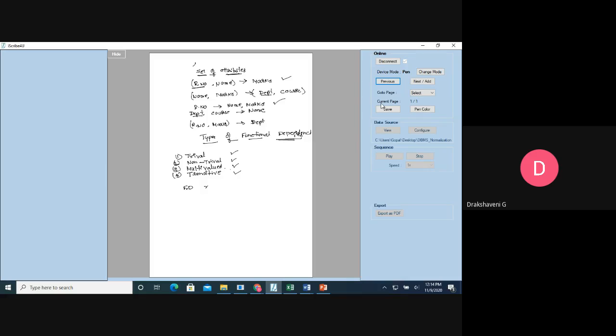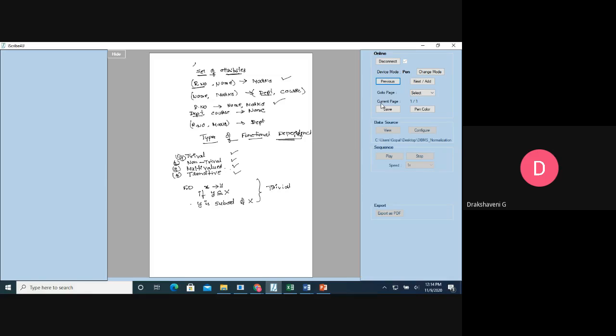So let us see functionally dependent. What do we mean by functionally? X is functionally dependent on Y if and only if Y is always a subset of X. Then we call it as a trivial.